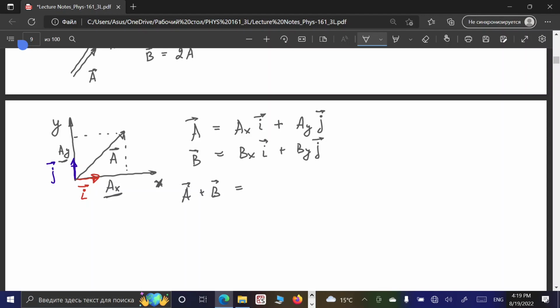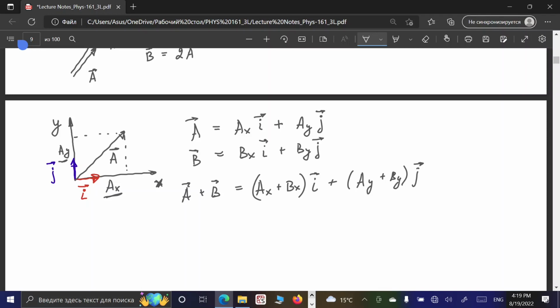We just add these scalar numbers which are staying next to the same unit vector. So it means that we have (A_x plus B_x) times i unit vector. This is the first component of the resultant vector. And the second component will be (A_y plus B_y) times j unit vector.